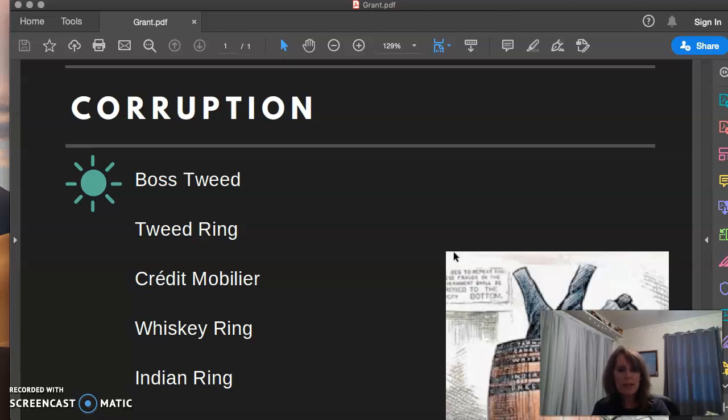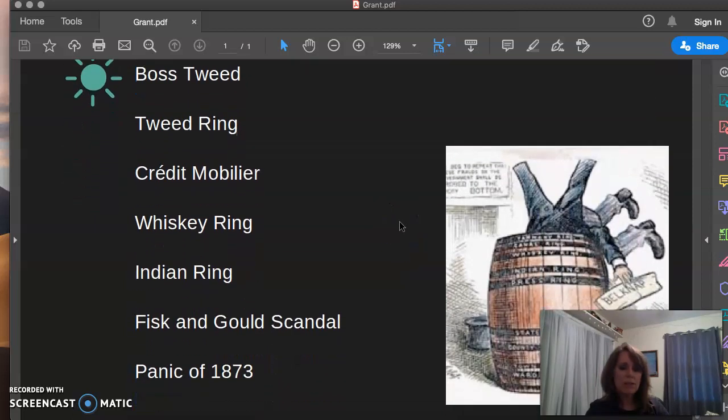The Crédit Mobilier scandal will occur with the Transcontinental Railroad, and there will be an embezzling scheme called the Whiskey Ring, and also an Indian Ring that will take supplies that were intended for Native Americans living on reservations and sell them for profit. So as you can see, there are several scandals in this era, including the Fisk and Gould scandal, which has to do with gold.